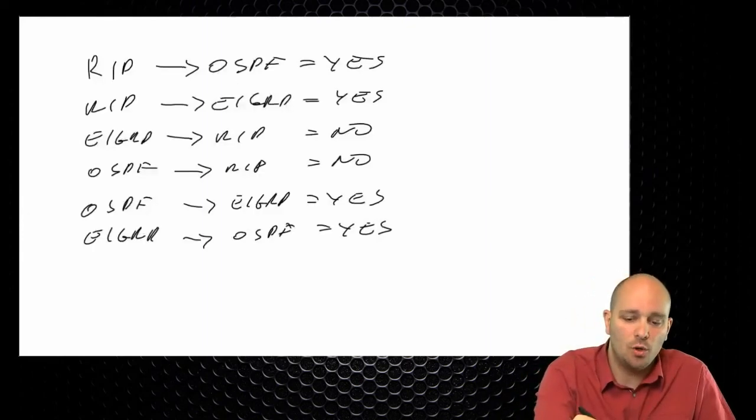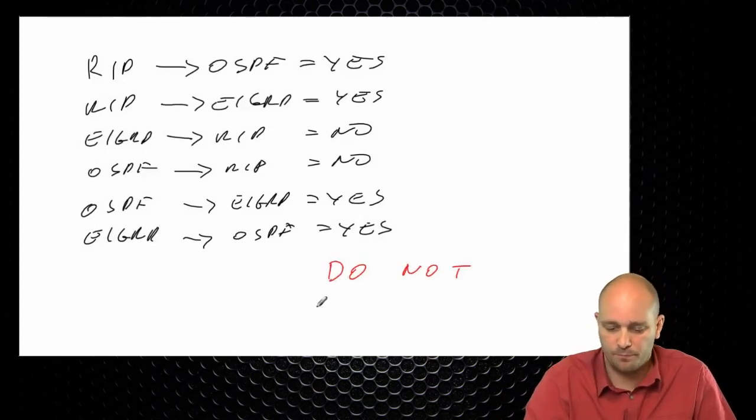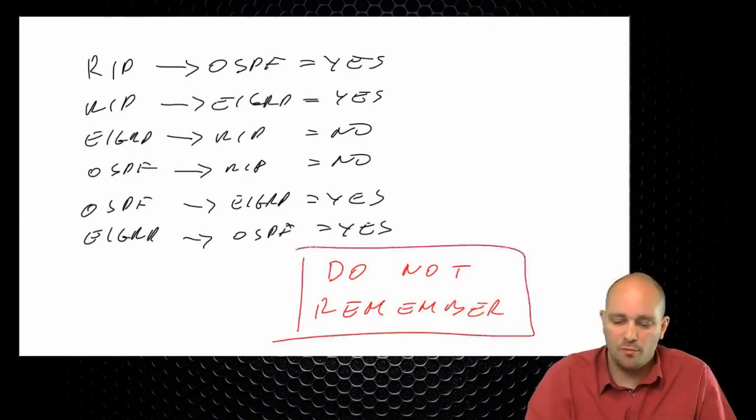I'm pretty sure that you are guessing that it has something to do with RIP, but you are not entirely sure in which direction. This is why I would like you not to remember this. Do not remember. Why don't remember?